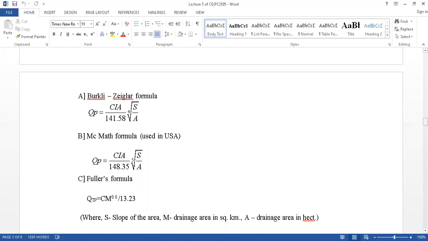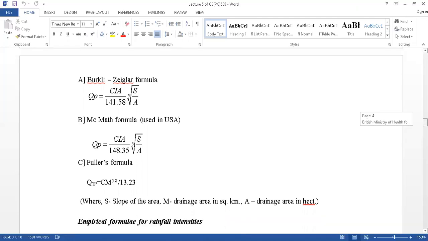All these formulas are based on experimental facts developed by different experts, and the formulas are named after them.